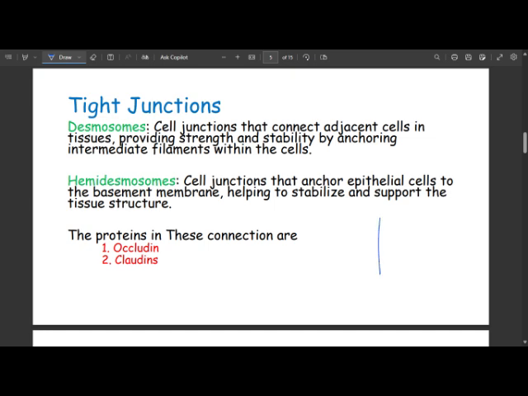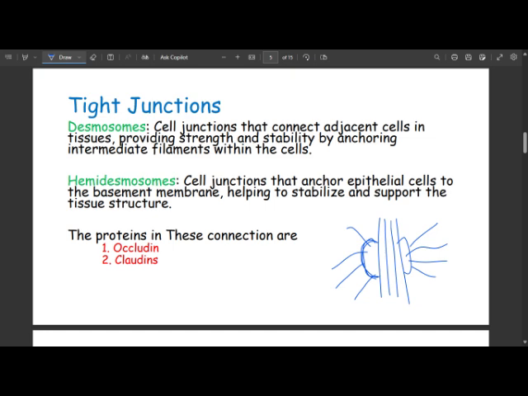Where you are going to have two adjacent cell membranes, different cells, and you're going to have a protein here, the protein here, attached to intermediate filaments like that. So it looks like a spot weld. Okay, spot weld. Those who have seen people who are welding, it looks like a spot weld. You just weld something on that spot. All right, so that is about tight junctions.